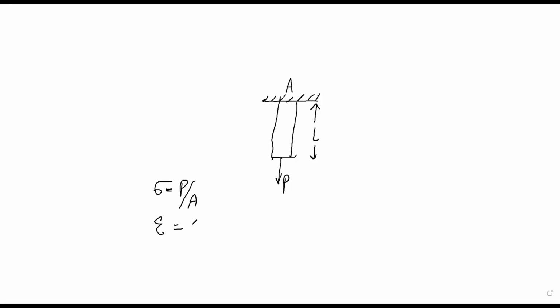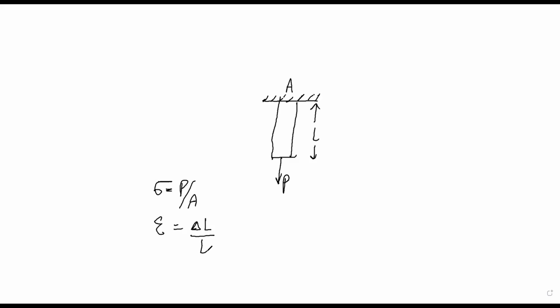Let's suppose this rod is fixed at one end and is subjected to a load at the other end, such that the length of this rod is L. At end A the rod is fixed, and at its free end it is subjected to a force or load, let's suppose P. Then we know, while we calculate the stresses and strains in this rod, that the stress in the rod is equal to P by A, and the strain in the rod is equal to the change in length divided by the original length.